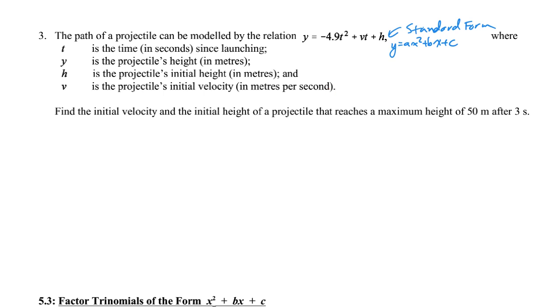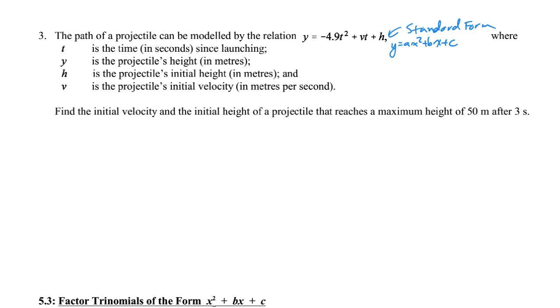Now, here is what we know about our equation. We want to find the initial velocity, that's our v, and our initial height.